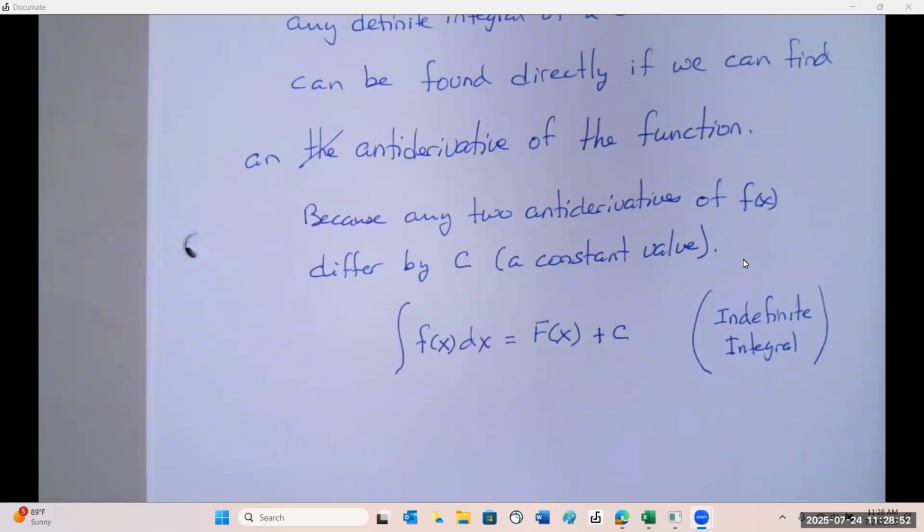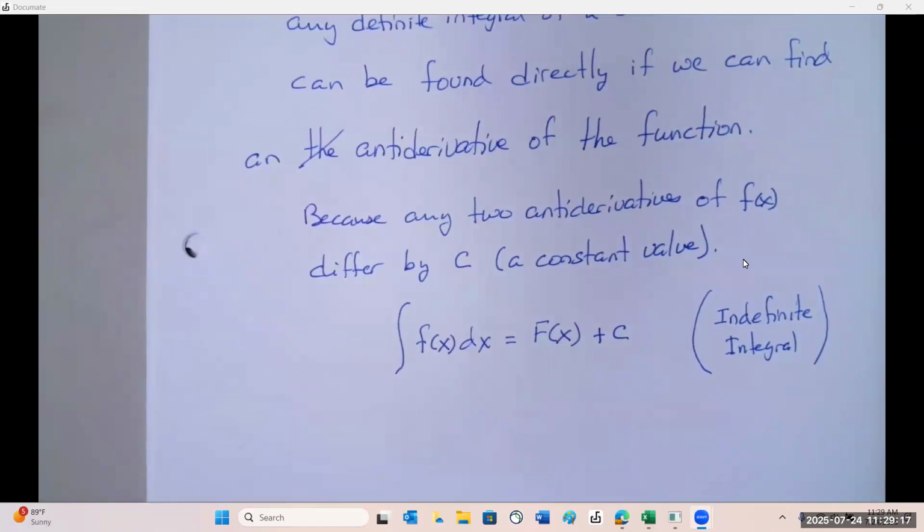If I asked you, find me a function whose derivative is cosine, what would you tell me the answer would be? If I asked you for a function whose derivative is cosine, it would be sine. That's one formula. Could it be sine plus 3?